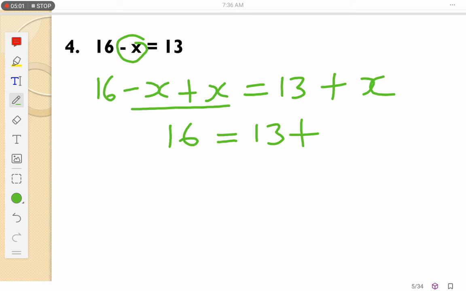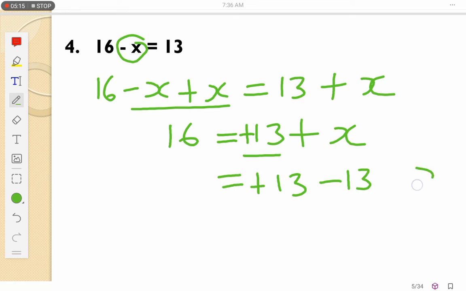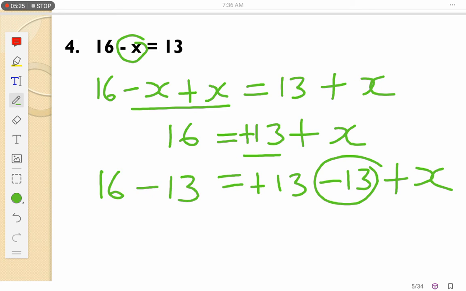Now I want to remove this 13 there. This is like positive plus 13, so I can simply say minus 13 on this side, plus 13 minus 13 plus x. This minus 13 that I've added there, I'll also add on this left side. So I'll have 16 minus 13 there, like that.